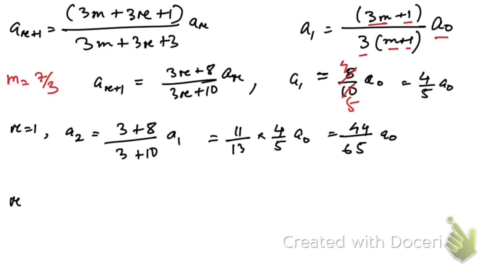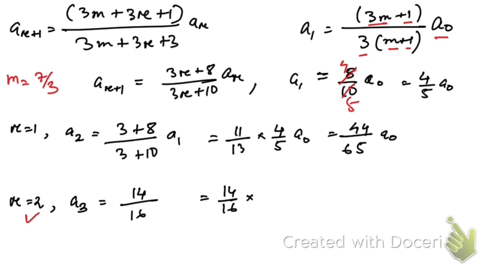Similarly, if you put r equal to 2, then a3 will be equal to 3 twos are 6, that's going to be 6 plus 8, that's going to be 14. Okay, so 6 plus 10, that's going to be 16, right? Then 14 by 16 times a2. Sorry, on putting r equal to 2, this is going to be a2, right?